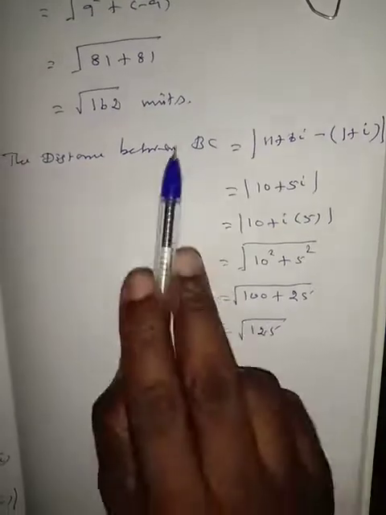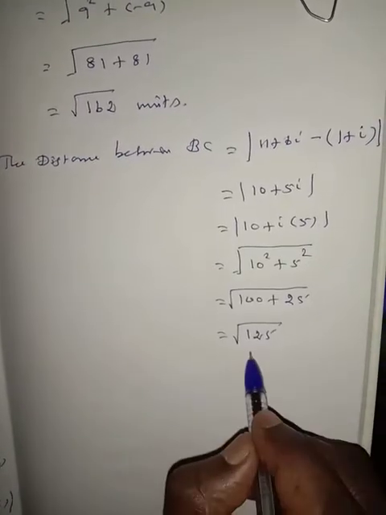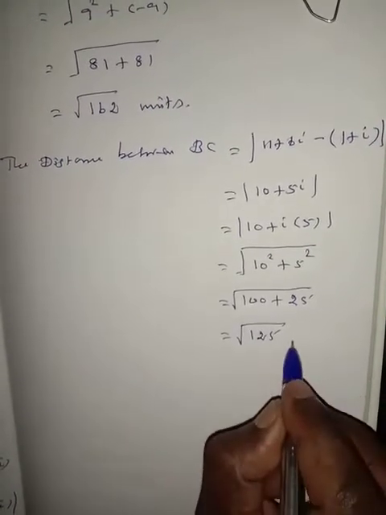Now the distance between BC is root of 125 units.